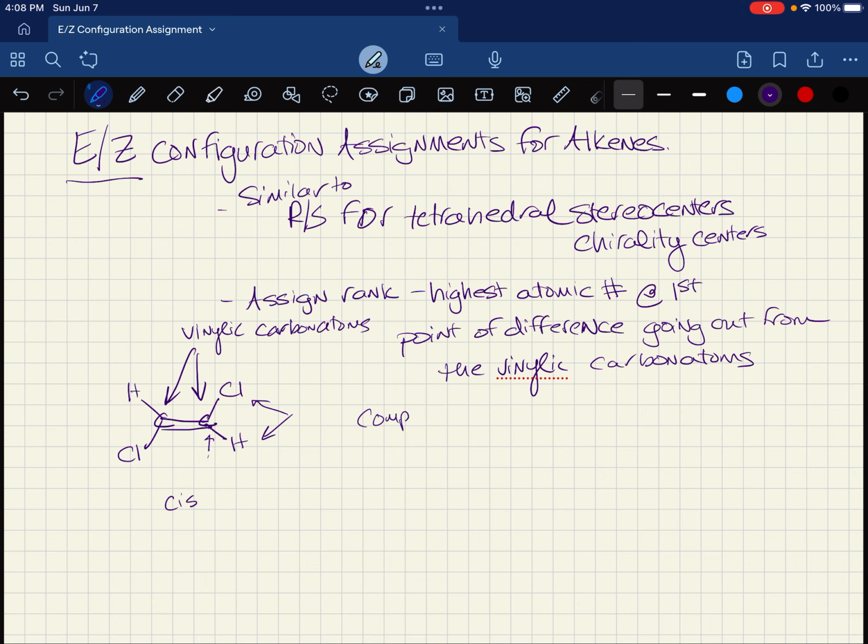So compare each set of atoms attached to each vinylic carbon atom.